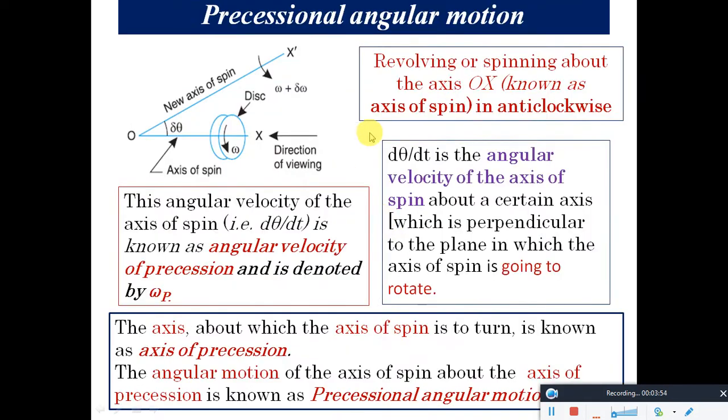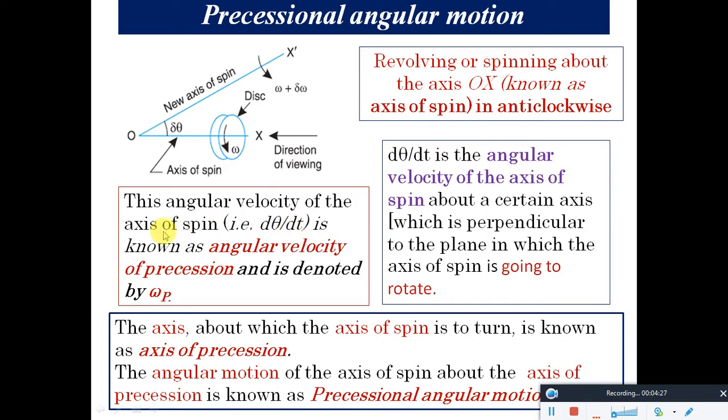And when you talk about precessional angular motion, say suppose you take an axis OX, and a disc is rotating about this axis. When the direction of this axis of the disc is in revolution, and it is also moving angularly through an angle, say del theta, in a time del t, then the angular velocity is defined by d theta by dt.